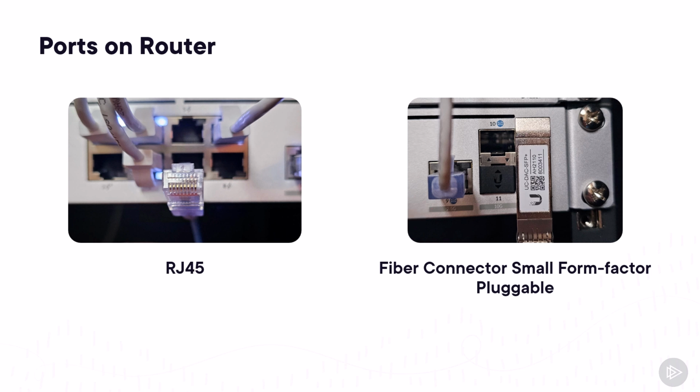Again, 2.5 gigs is way more than enough for most household devices, but for an enterprise where you might have 100 clients that need to connect from a switch to a router to the internet, having that SFP connector, and enabling higher speeds between networking devices can make all the difference.